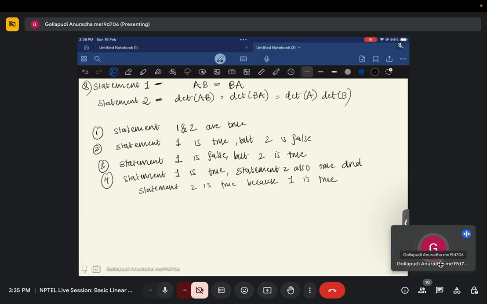What I mean is, this is like a reason and this is the effect. Statement 2 is true, and the reason for that is that statement 1 is true, so for 2 to be correct it is because of the reason of 1. So try to analyze this and tell me the answer.